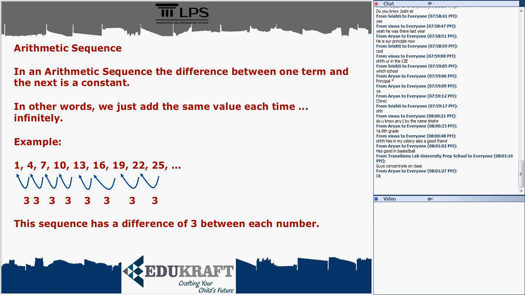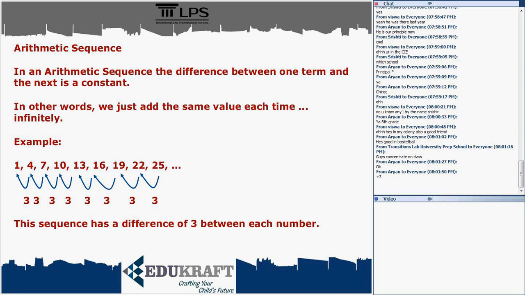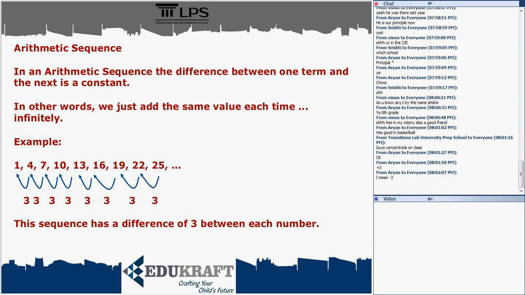From 1 to 4, I am subtracting the previous term from the next term to find the difference, and that difference is 3. So this has a difference of 3 between each number.